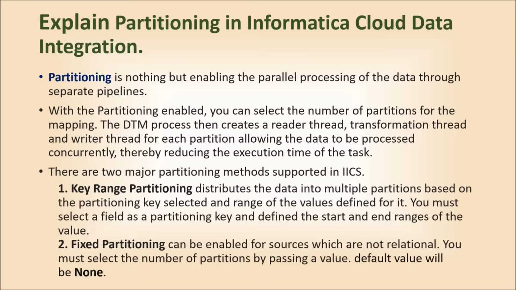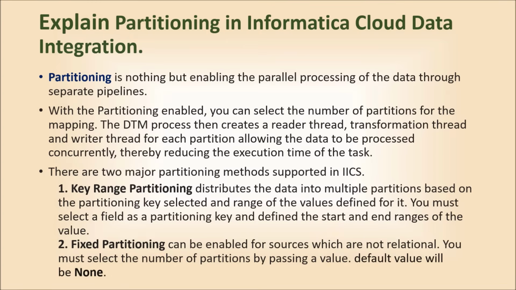There are two major partitioning methods supported in IICS. One is key range partitioning. How it works is that it distributes the data into multiple partitions based on the partition key which we have selected and the range of values defined for it.